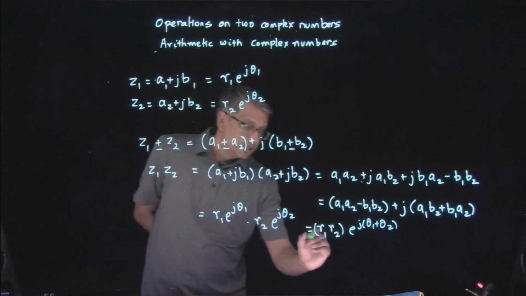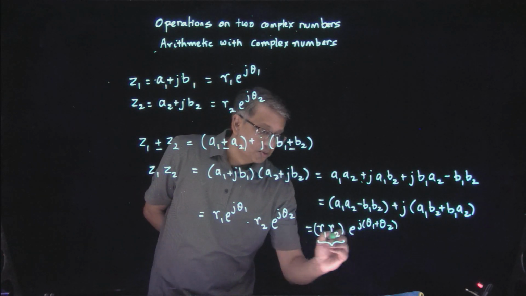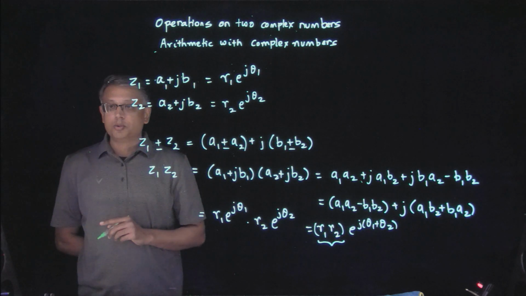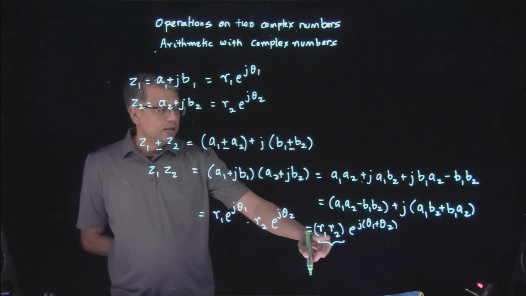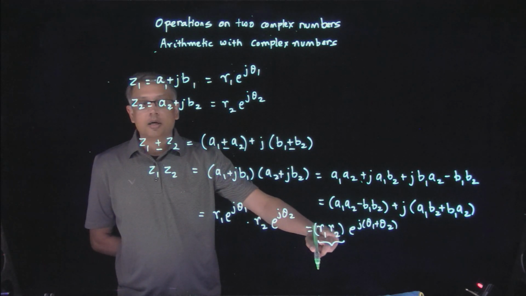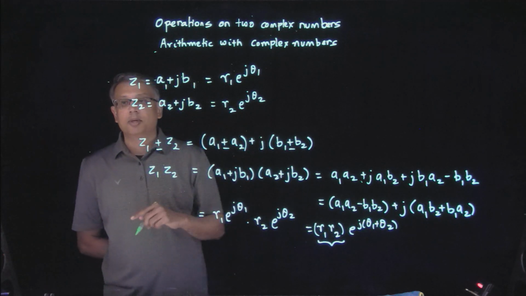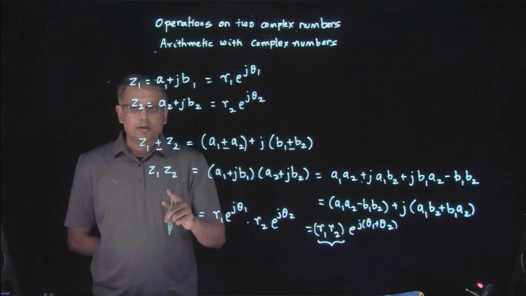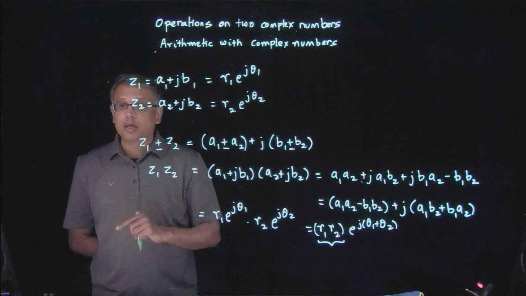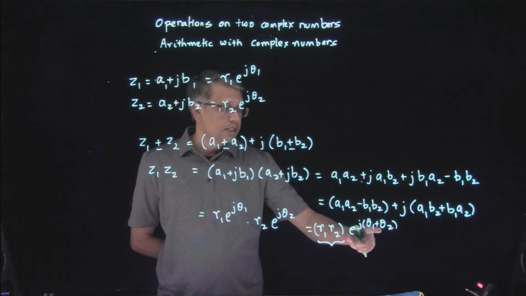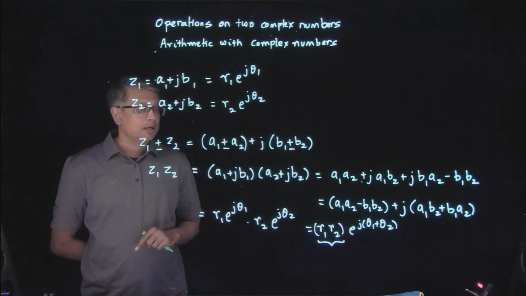So the magnitude of z1 times z2 is nothing but the product of r1 and r2, which is the magnitude of z1 times the magnitude of z2. Now the angle of z1 times z2 is the sum of the angles of z1 and z2.